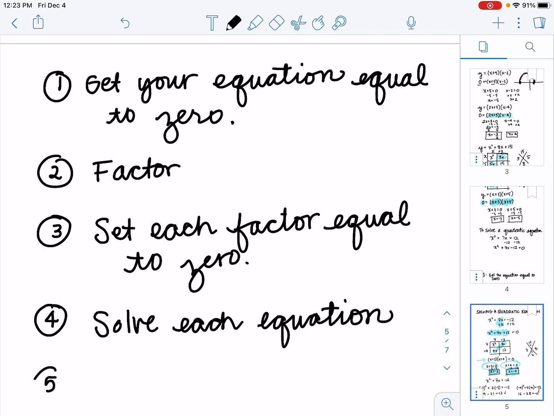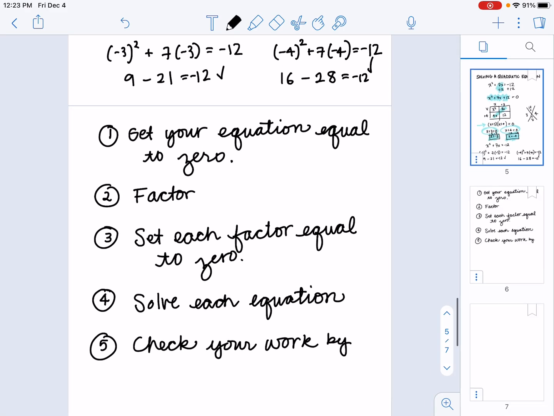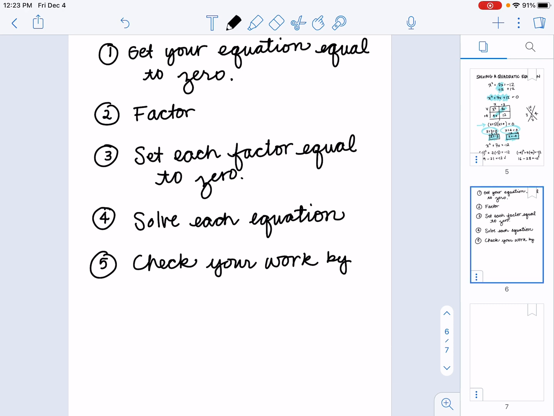Bonus points if you check your work by plugging your answers into the original equation.